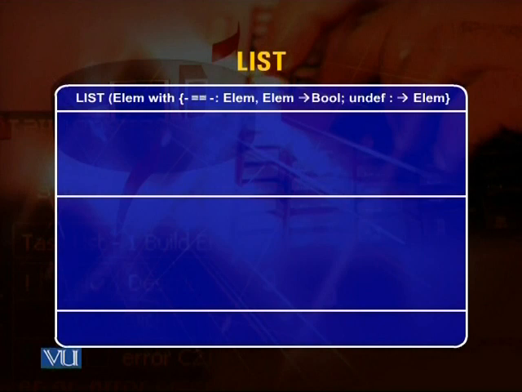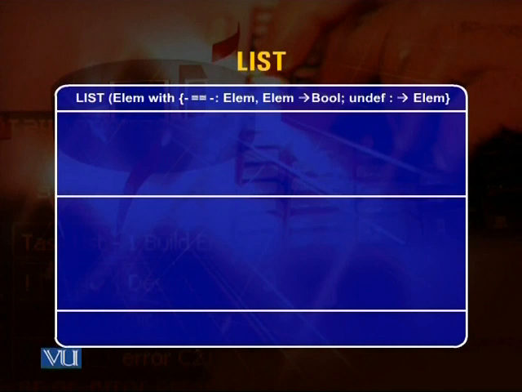We say that list takes an element as a parameter, and the element has certain properties. That is, whatever element that we use in this list should have these two things defined. The first is the equality. We have this equality which takes two arguments. We have hyphen, equal, equal, hyphen.